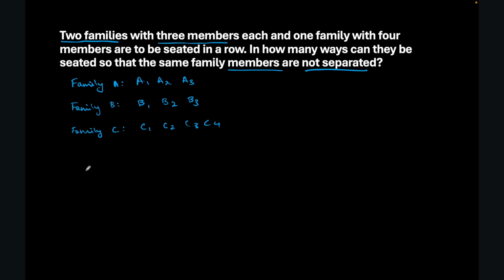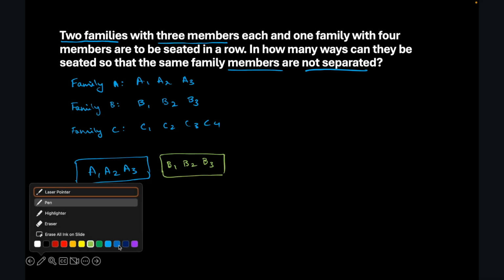So if we bundle up each family, we have A1, A2, A3 bundled up once. Then we can have B1, B2, B3, another family bundled up.